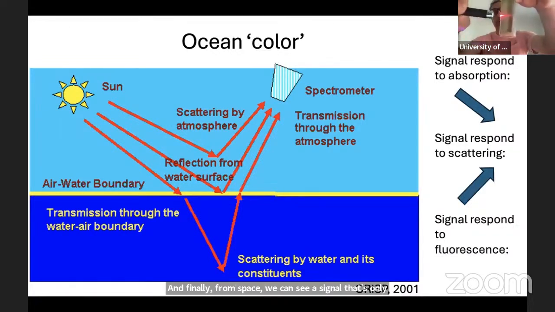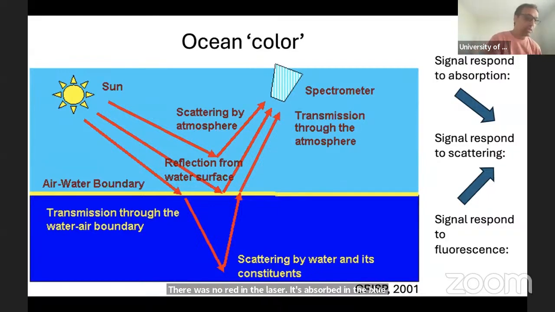I'm using here a blue laser shined into a beaker full of chlorophyll fixed in acetone, and you can see red light emitted out of it. There was no red in the laser. It's absorbed in the blue and emitted in the red. And this is, as a colleague of mine says, the only signal we measure from space that we know comes from microorganisms in the ocean, organisms that are on the order of a micron, which are phytoplankton.